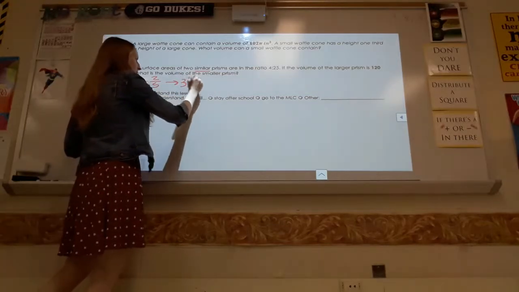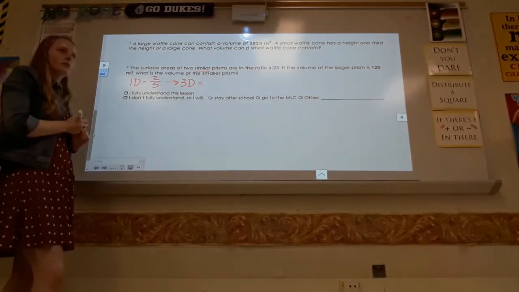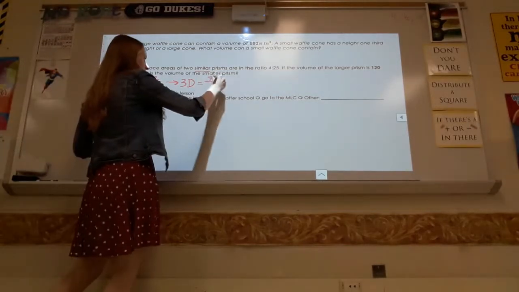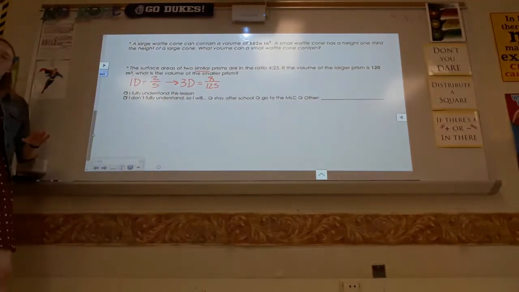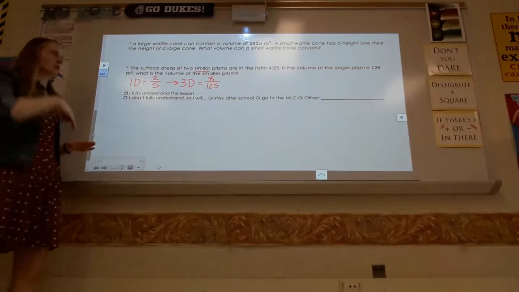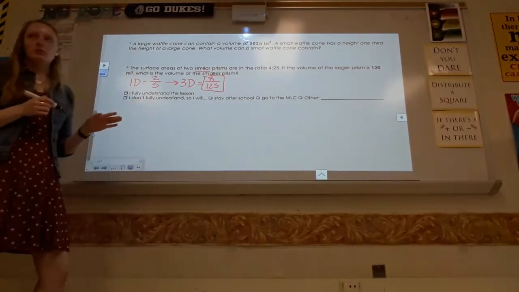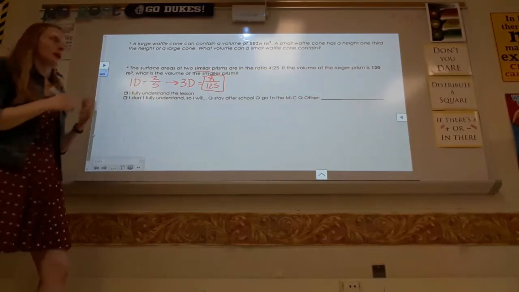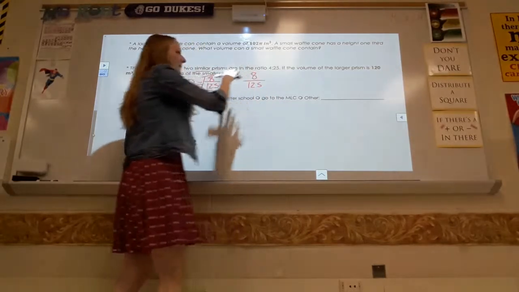So I'm going to take that, go to the third dimension. How do you go up to the third? You're going to cube. So you go down from the second step, and then you cube that to get up to the third dimension. So this is my relationship between the volumes. Now how do I use that to find the new volume? A proportion. So I have 8 to 125. These are not the actual volumes.